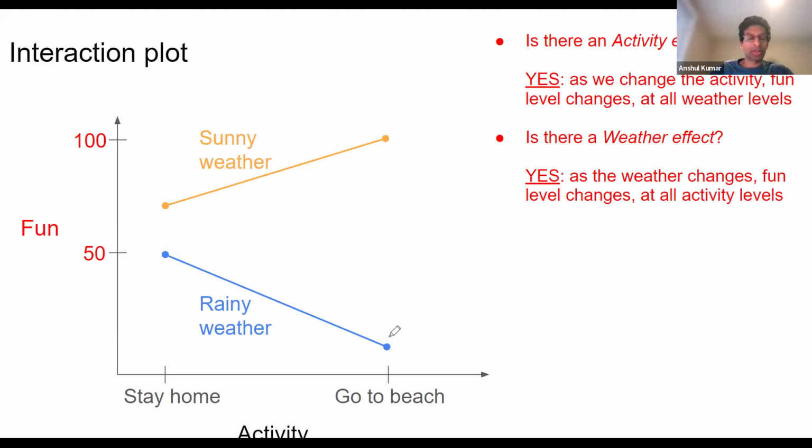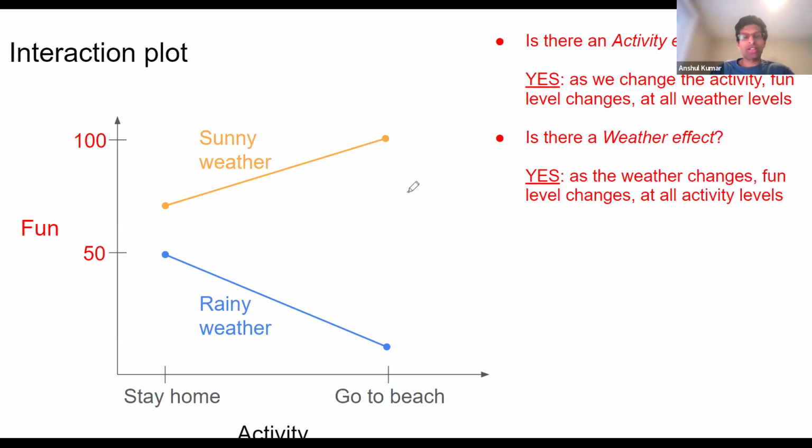Now let's do the same for the activity condition where we go to the beach. If we go to the beach on a rainy day, our fun level is 10 down here. And if we go to the beach on a sunny day, the level of fun is 100 up here.